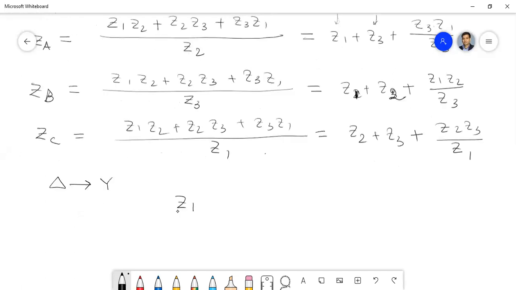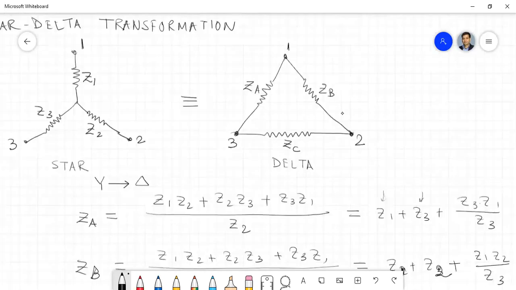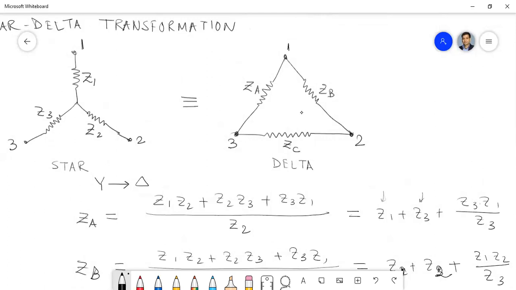This Z1. Now what is Z1? Suppose I have the delta connection here. Now I want to find out Z1, which is directly connected to node 1. The one connected at node 1 in the star, that is the thing I want to determine. Now this Z1 will be ZA ZB, that means the two branches in delta directly connected with node 1.